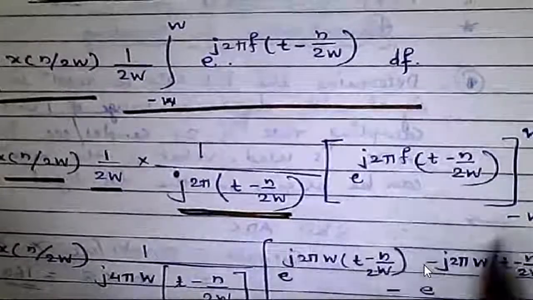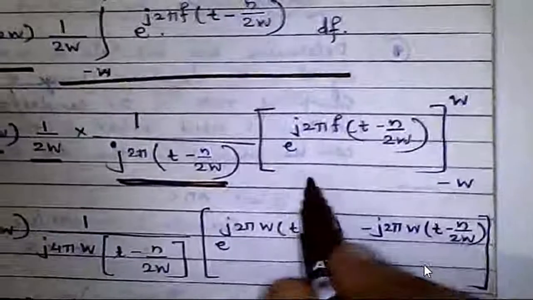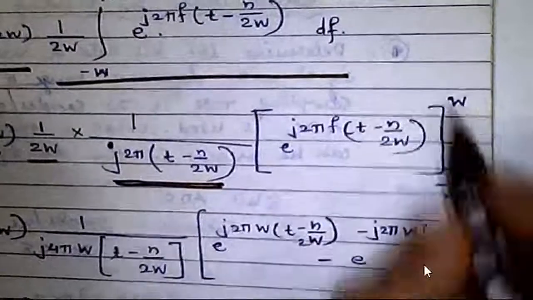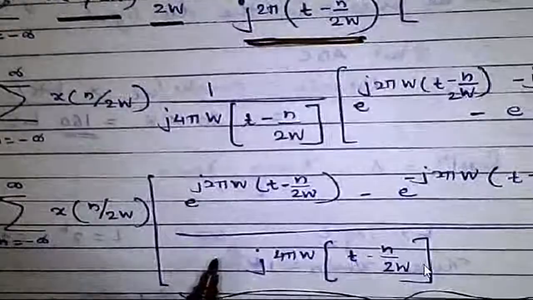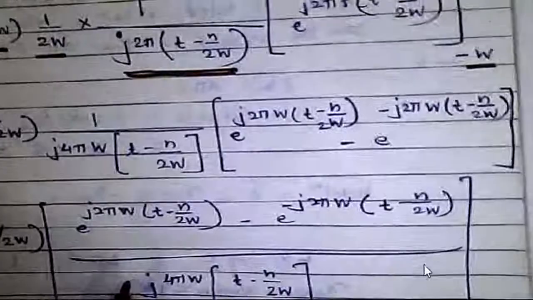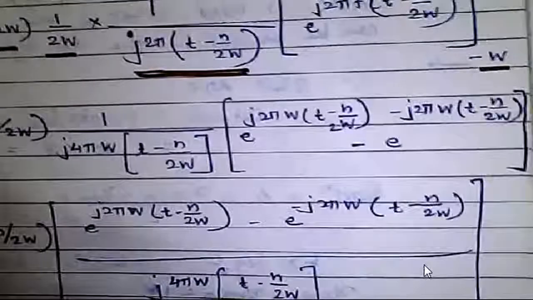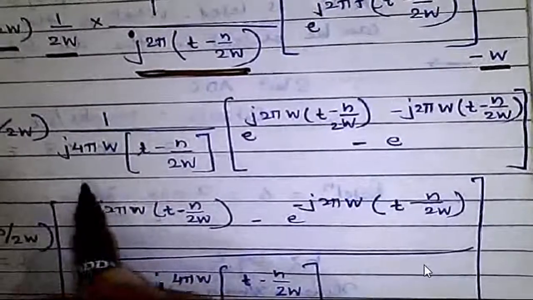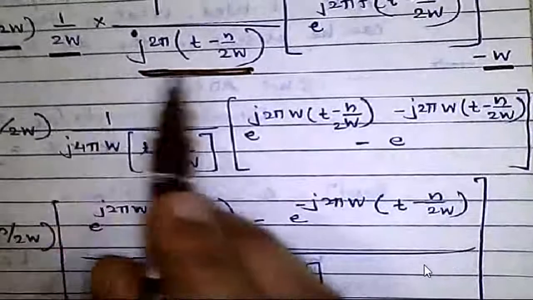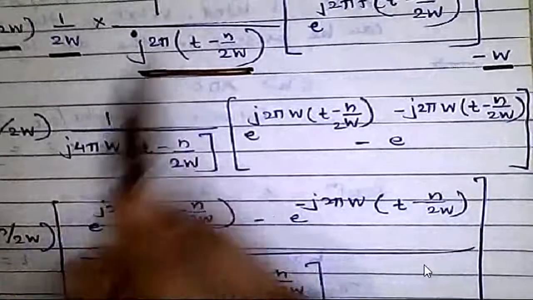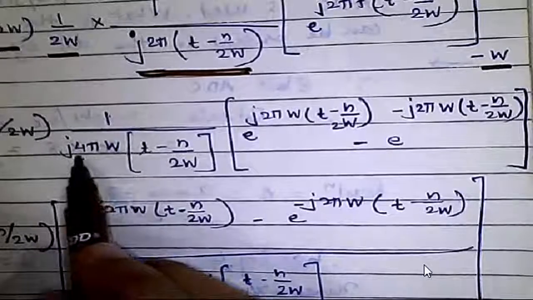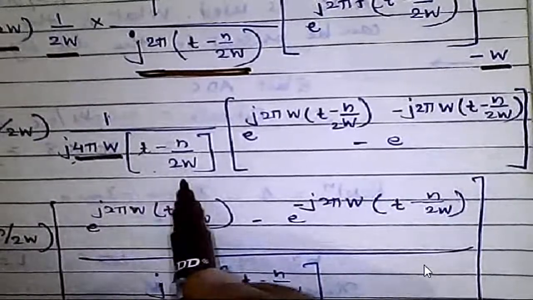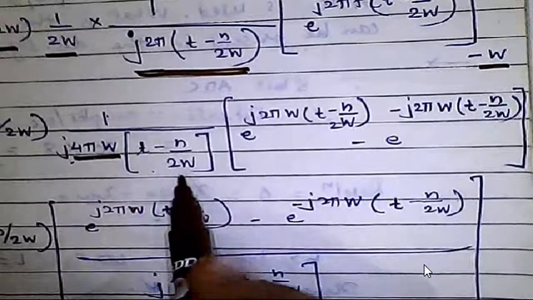This part will be simply divided. So finding the integral, we apply the integral over minus W to plus W. After application of the integral, let me just concentrate on this part, because the other part is quite the same. So here W, and this will be simply multiplied here, 1 upon j 2 pi into t minus n by 2W.